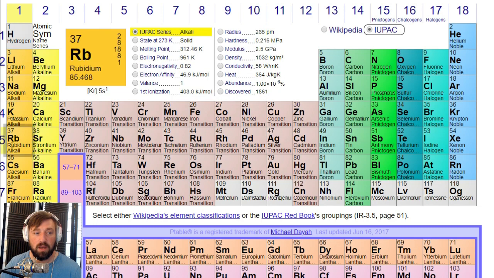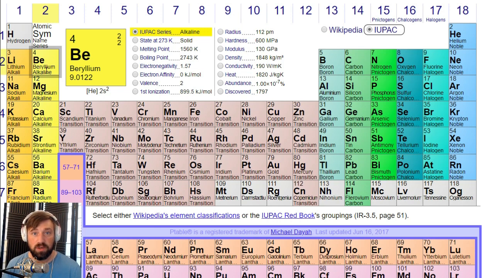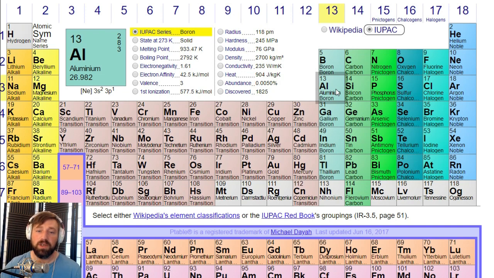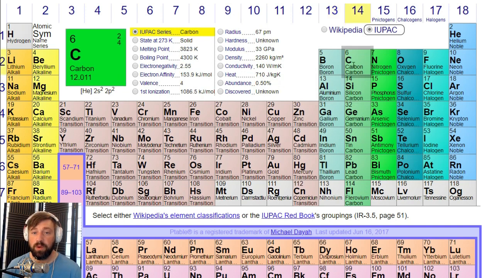Losing 1 electron leads to a +1 charge. Group 2 is going to be losing 2 electrons, being a +2 charge. Boron and aluminum, losing 3 electrons, becoming a +3 charge. So carbon and silicon are going to either gain or lose 4 to become either a +4 or a -4.